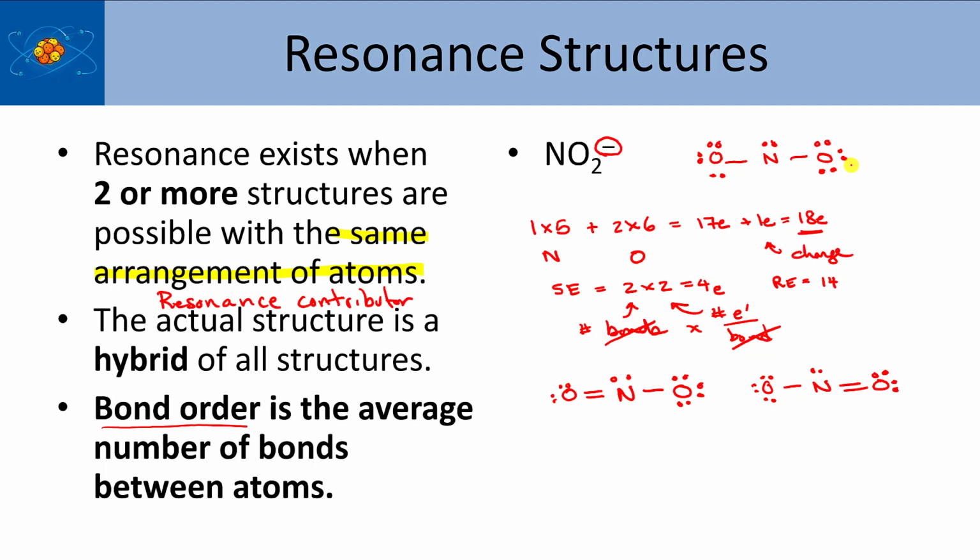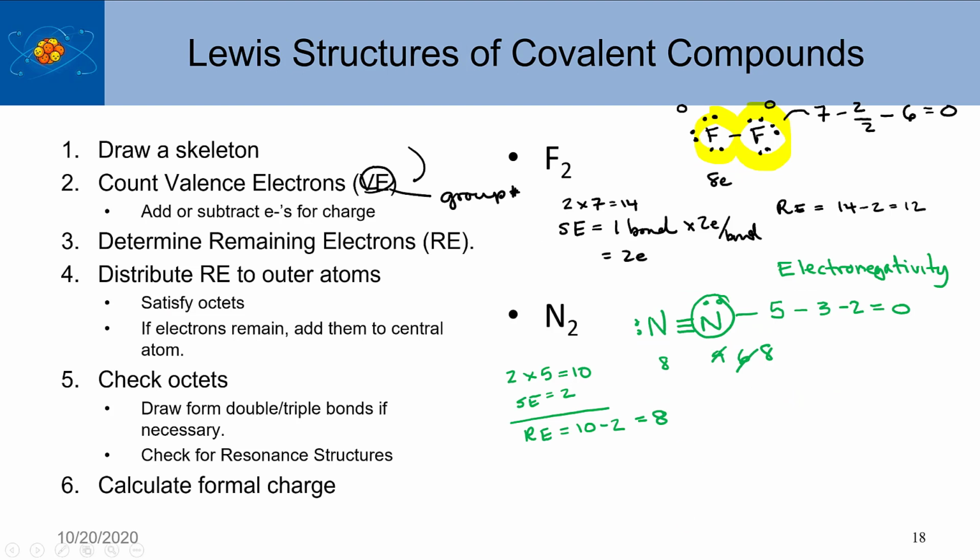One more thing we have to do. So if you think back, looking at the instructions, we checked for octets. Then we had to form a double bond because the nitrogen didn't have an octet. And then we are checking for resonance structures right now, and then we'll do formal charge.